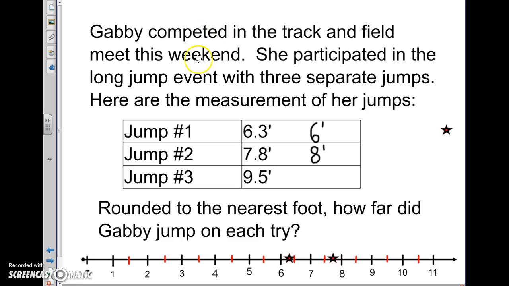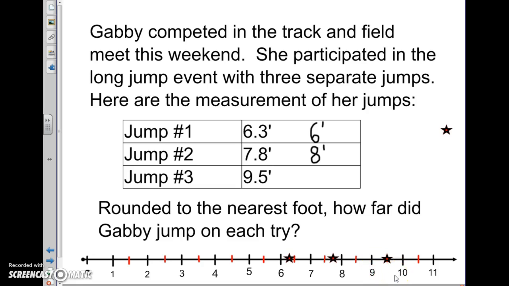Now the last one here is 9.5 feet. So we're going to use this star to mark that. Here's 9 feet, 10 feet. Remember, the red dash is 9.5, which is exactly how far she jumped. So this one's a little bit trickier, right? Because it's right in between. It's not closer to 9 or closer to 10.